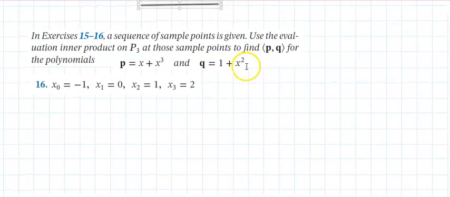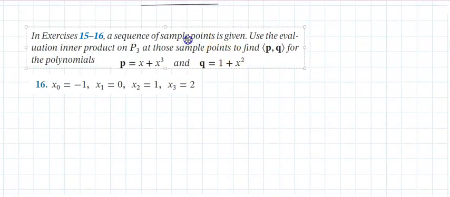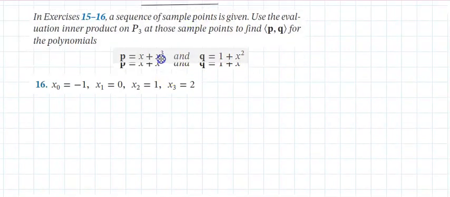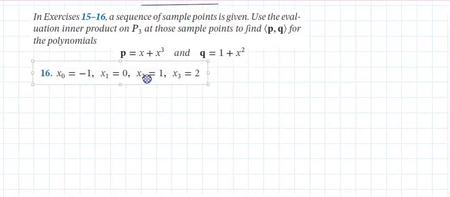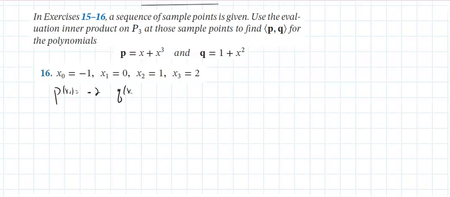Nothing to it. If I'm given polynomials, now the difference between this and what we did up there, these are evaluated at the following points. Not a problem. Figure out what P of x sub 0 is. Well, if you put -1 in there, isn't that -1 minus 1, -2? And Q of x sub 0, which is -1, that is 2, right?